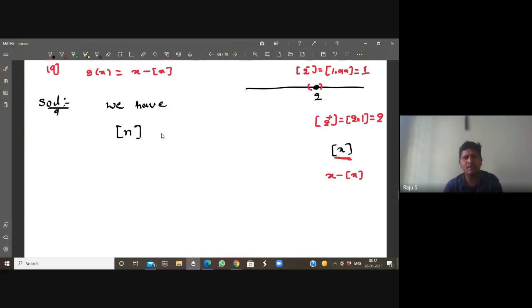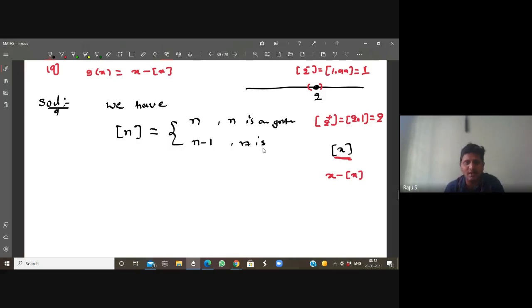The greatest integer of n is equal to n when n is an integer. If n is an integer, then the greatest integer of n is equal to n. So here n minus 1, n minus 1 means this is at n value.